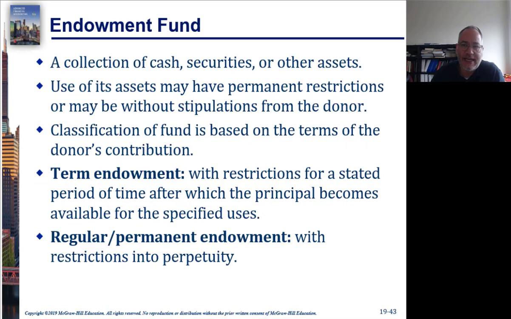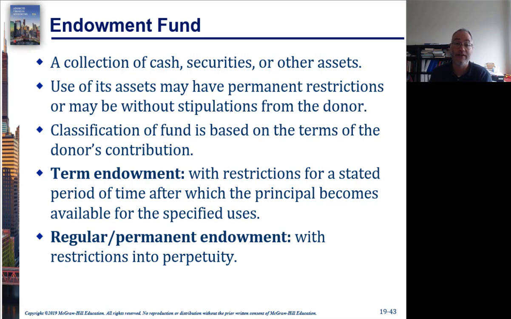Now you also have what's called an endowment fund. And again, as I mentioned before, this would be donations, usually cash or securities, where you cannot spend the principal, but you can use the income either for specific purposes or for general purposes.